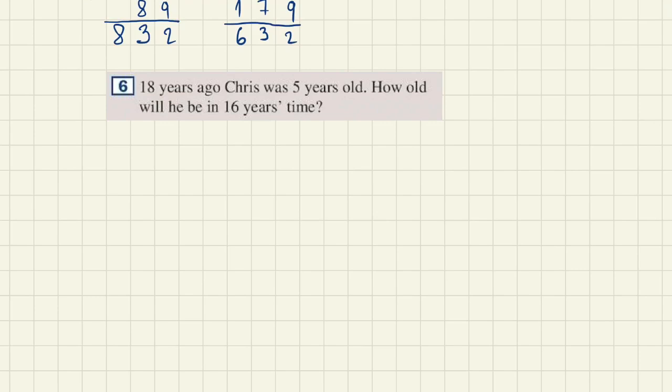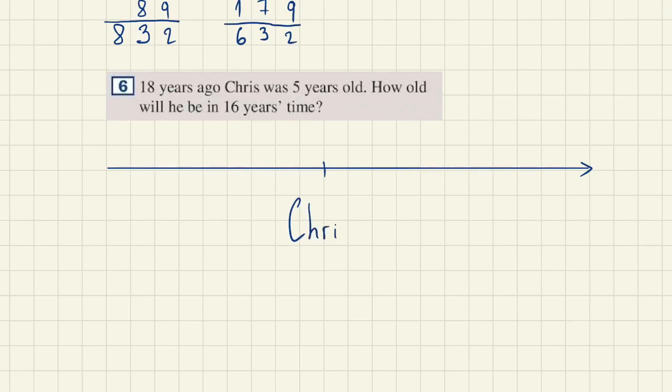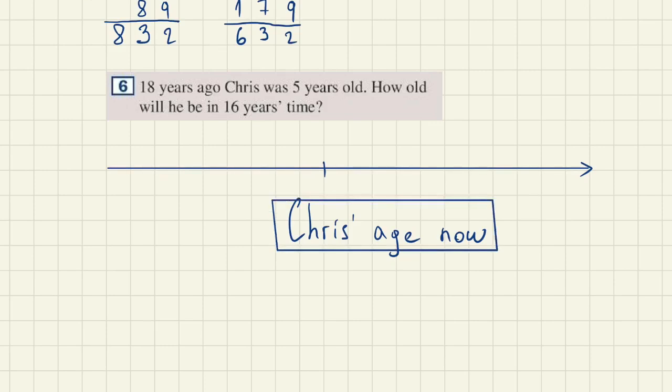We will draw like an age history of Chris. So here, this is Chris's age now, right? It's here. This is kind of in the middle, I would say. Let's do it like this. Chris's age now is here, and we don't know what it is.